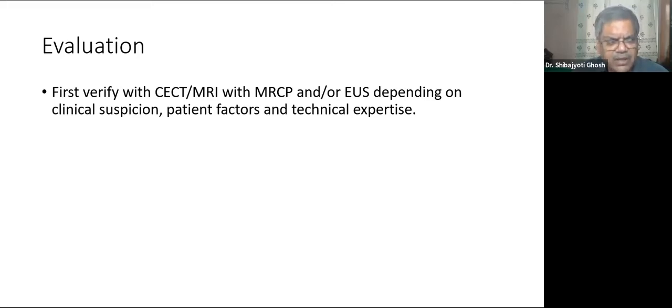For the benign group, the imaging we can advise after ultrasonography should be MRI with MRCP. That will give us the morphological detail of the common bile duct and also the level and nature of obstruction. But in case of malignant obstruction, that information is not enough, or maybe the surgeons are not so oriented with the interpretation of the MRI.